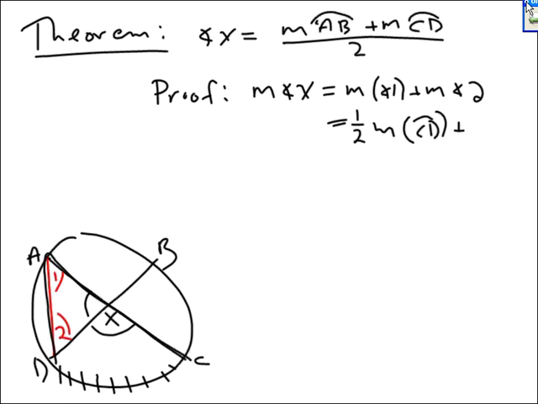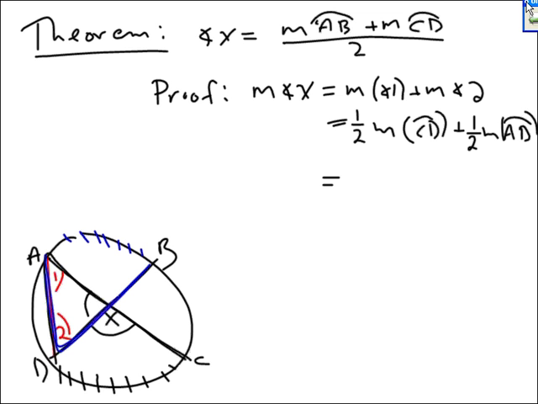And what is angle 2? Well, angle 2 is this angle, and it cut off that arc. Angle 2 is an inscribed angle as well, so it equals 1/2 the measure of the arc that it intercepts, AB.